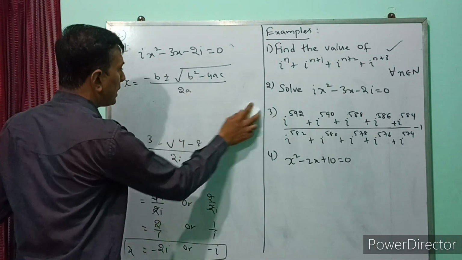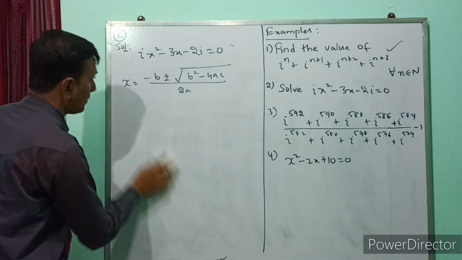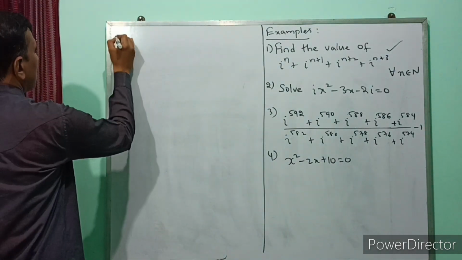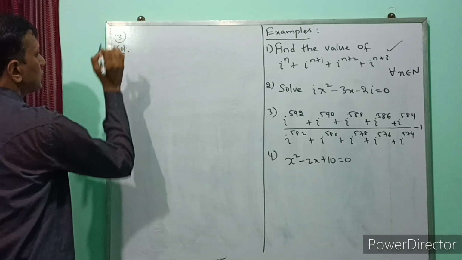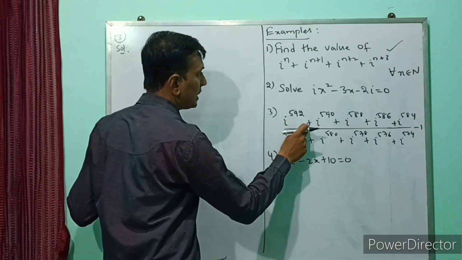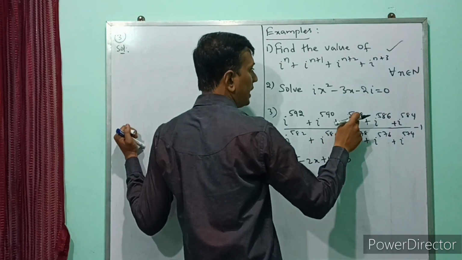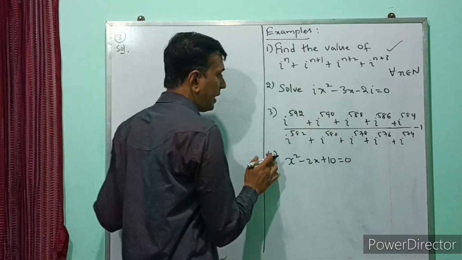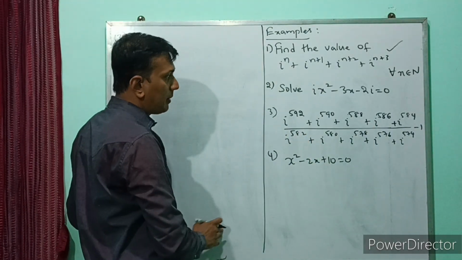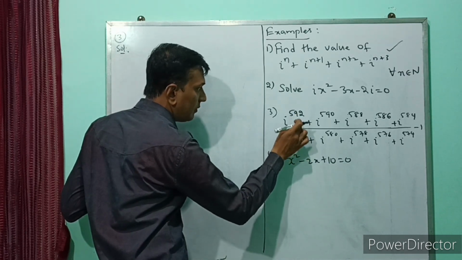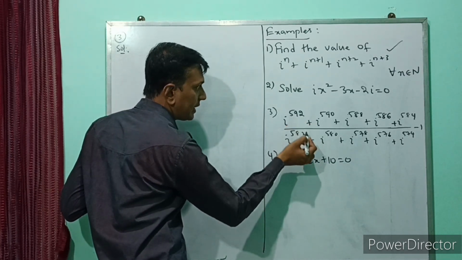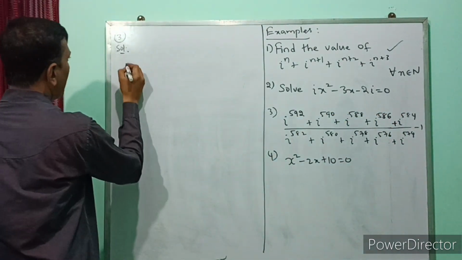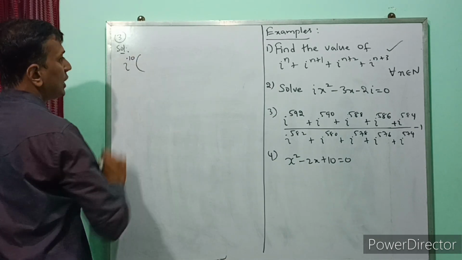If you look at the third one, third solution. i power 592 plus i power 590 plus i power 588 plus i power 586 plus i power 584. Similarly, we have some other expression in the denominator. But if you compare each and every term, first term, second term, there is a difference of 10 powers. So what I will do here is take out i power 10 as common from the numerator side.